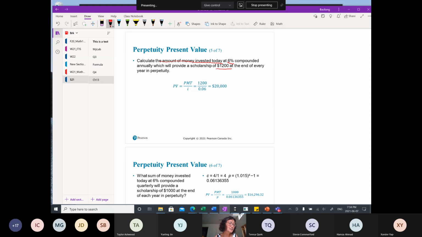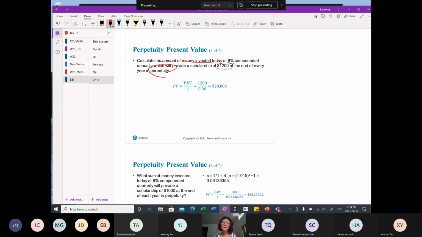Hamzy, perfect. No term, because it goes on and on and on forever, because it is perpetuity. By definition, what is perpetuity? The payment is going on and on without end. That's why no term N.